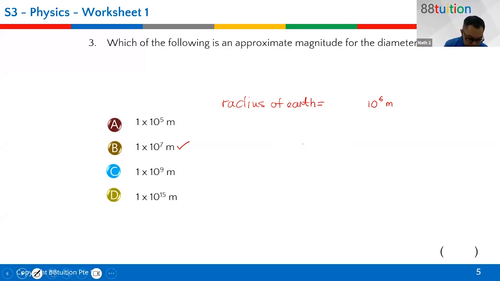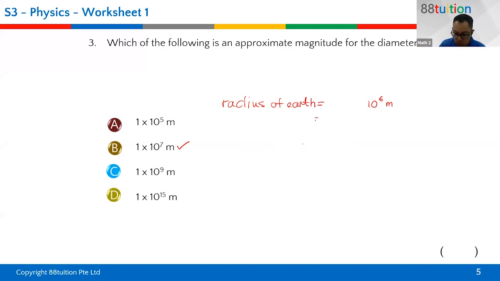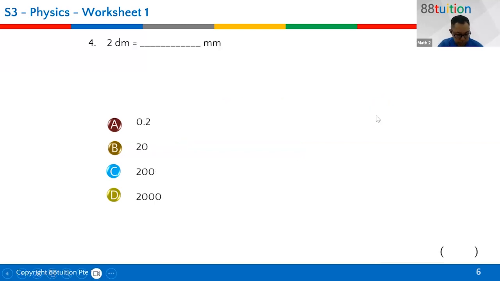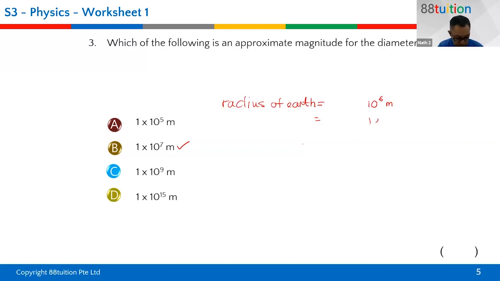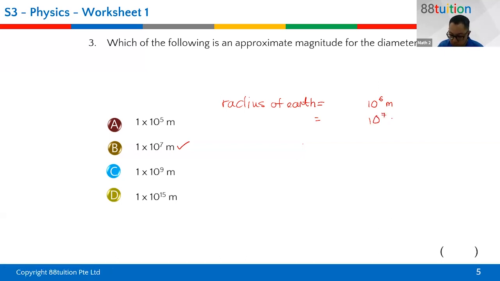The diameter will be 10 power 7. Right. Okay. So this type of questions, if possible, you just memorize in the event that it do come up. So give me a minute.